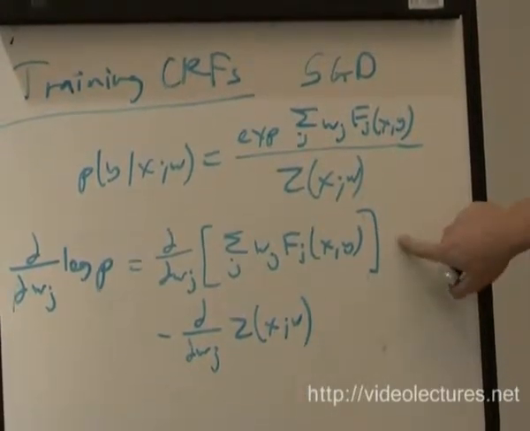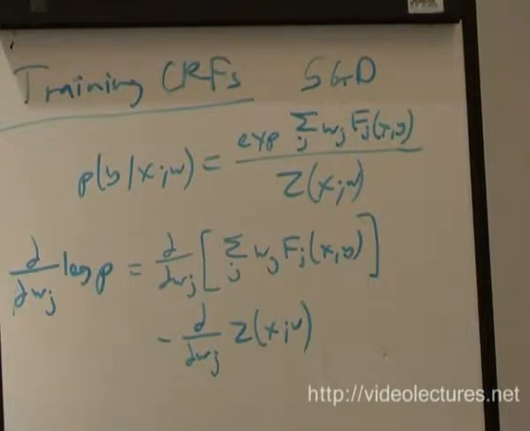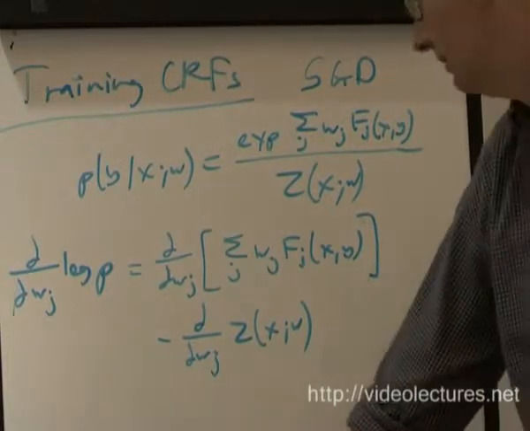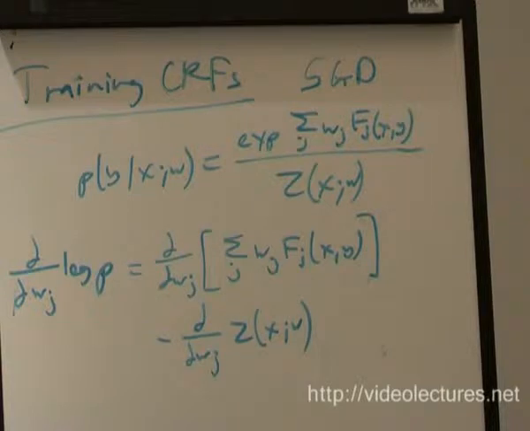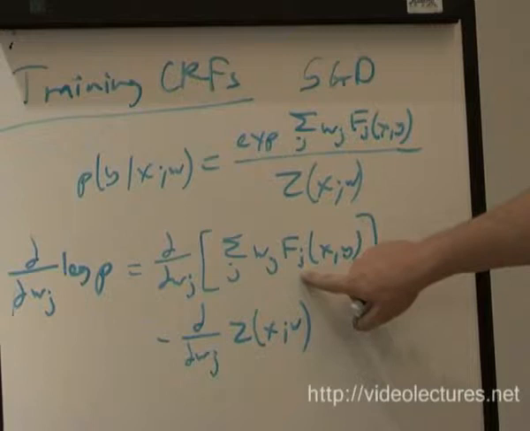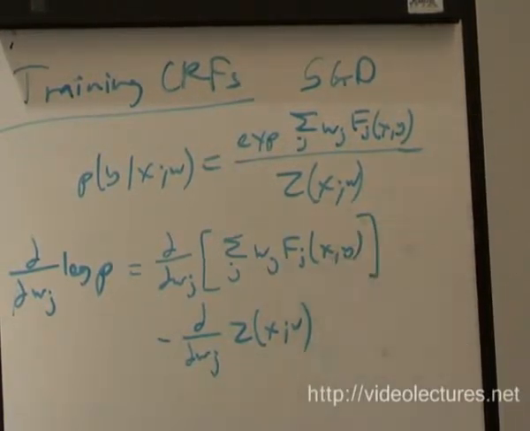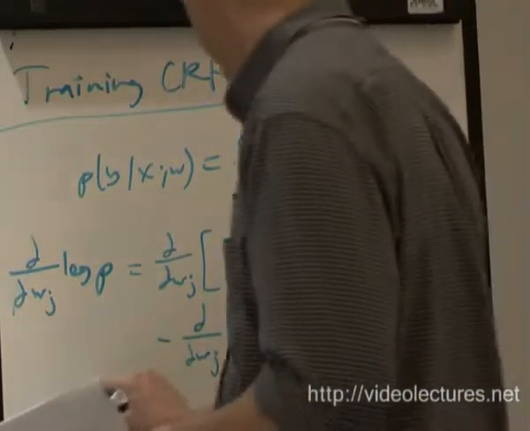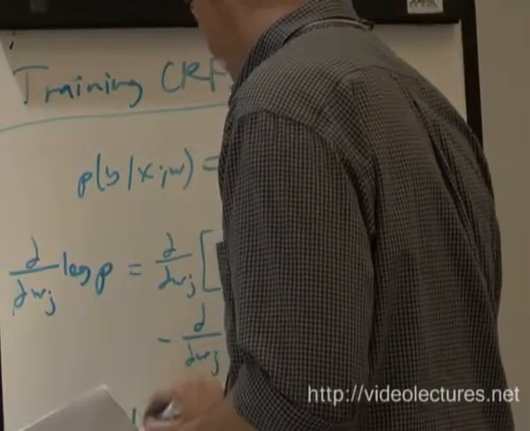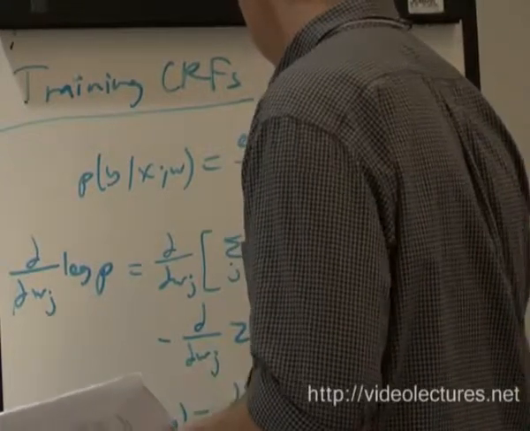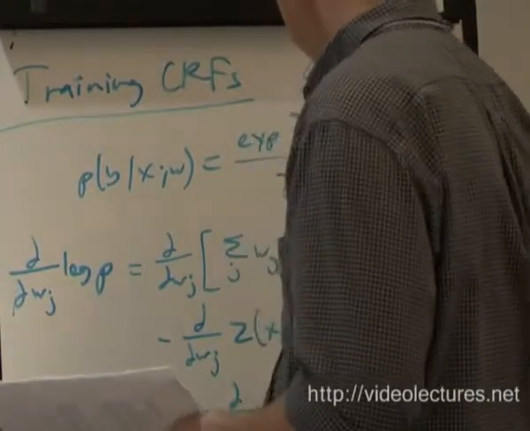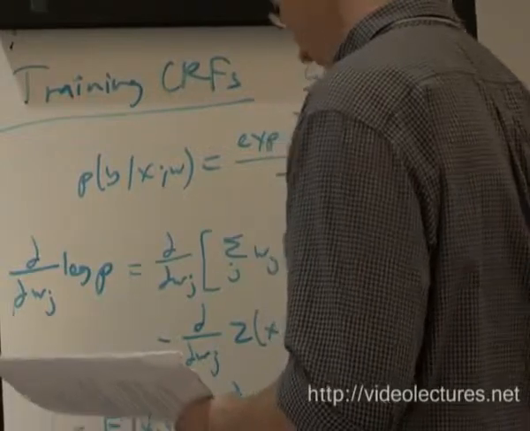What's this first part of the derivative up here? Something very simple. It's just fj, big fj. Oh, the derivative. Yeah. I'm back to using the big fj's, the high-level feature functions. So this is fj of xy minus d by dwj of this z function.